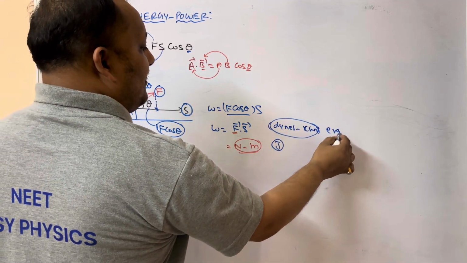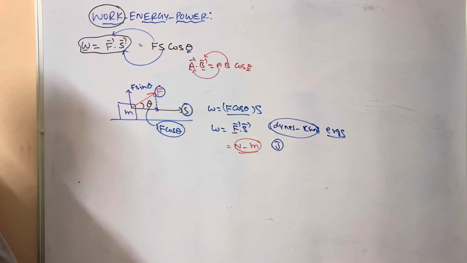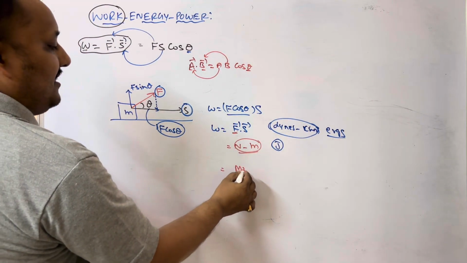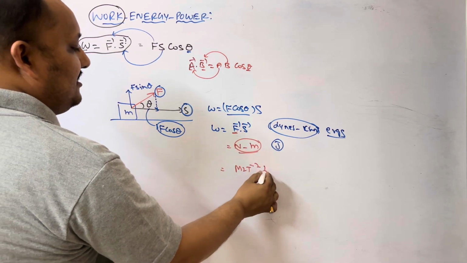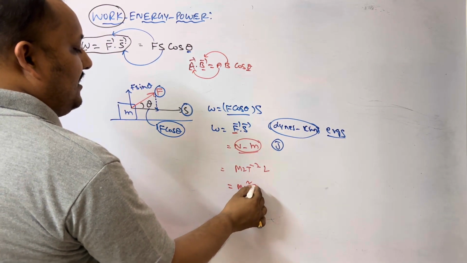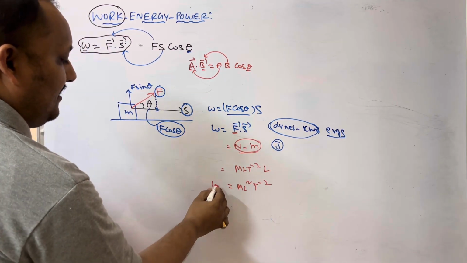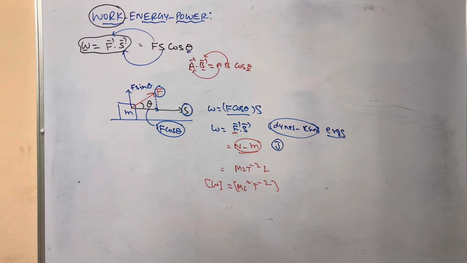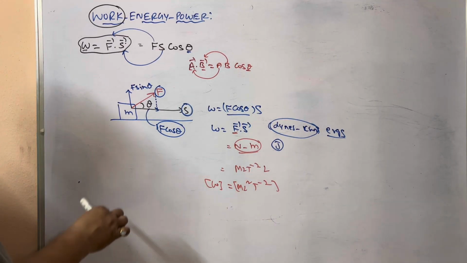This one we call erg. Now what is the dimension formula for work done? Force dimension formula is M L T power minus 2, and displacement is L. Therefore, M L square T power minus 2. This is the dimension formula for work done.